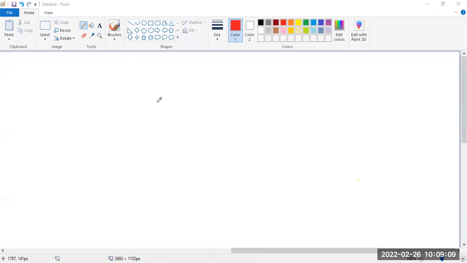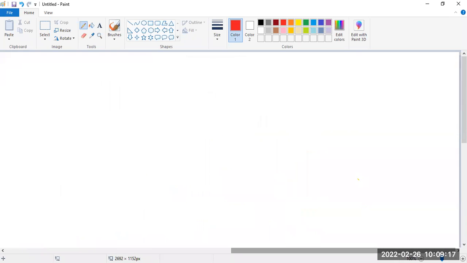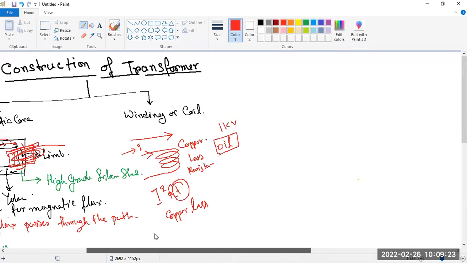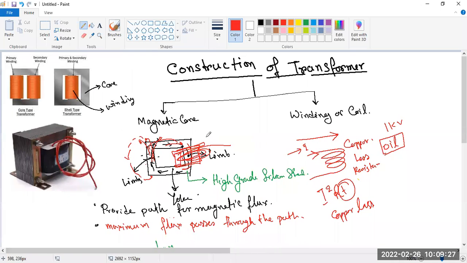So there are two types of transformer. You can see this picture. Transformers are generally of two types in construction for the single phase.